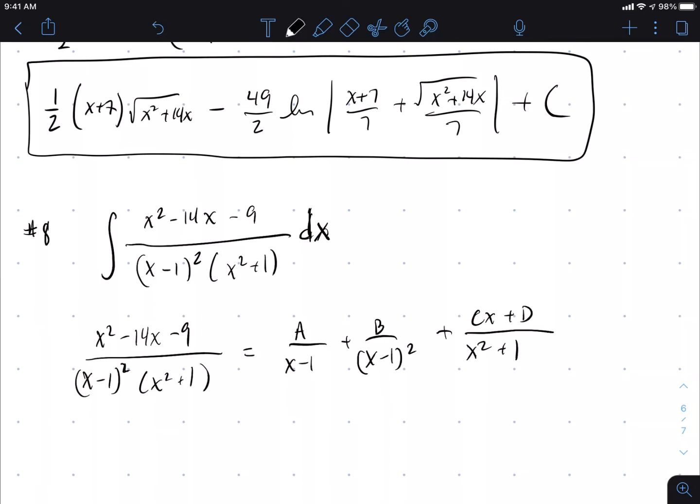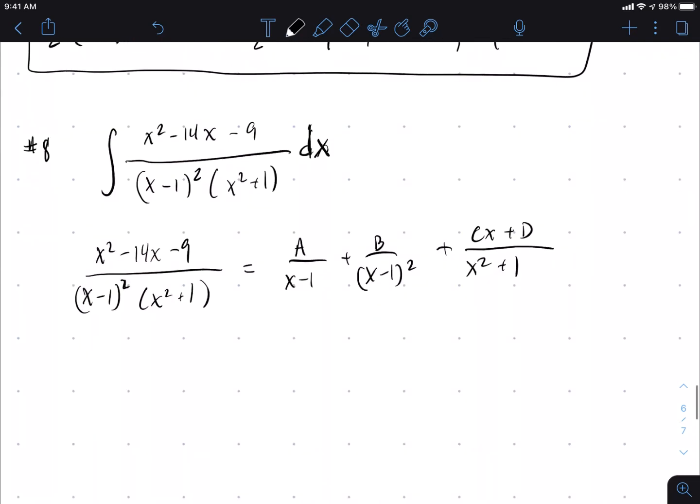That's how we break this thing down, correct? Correct.